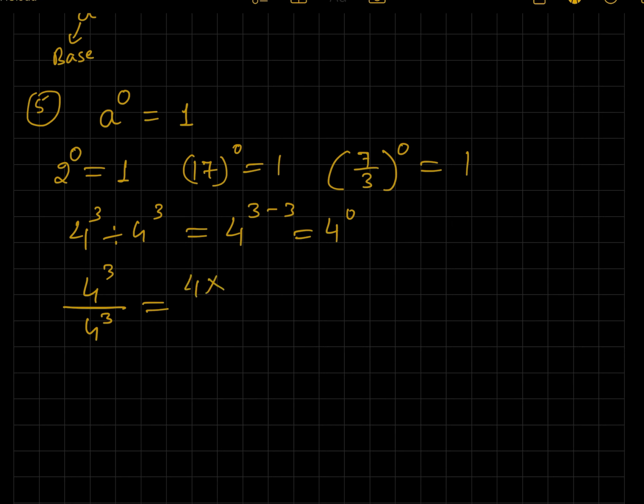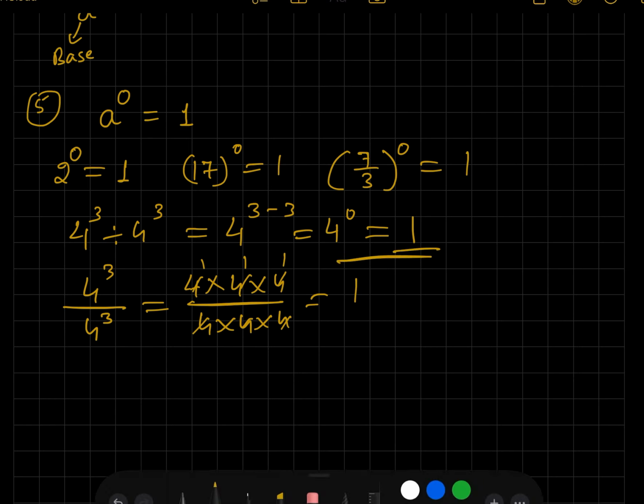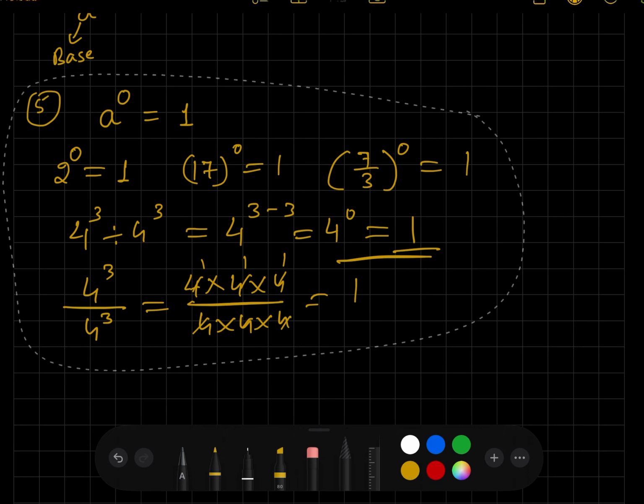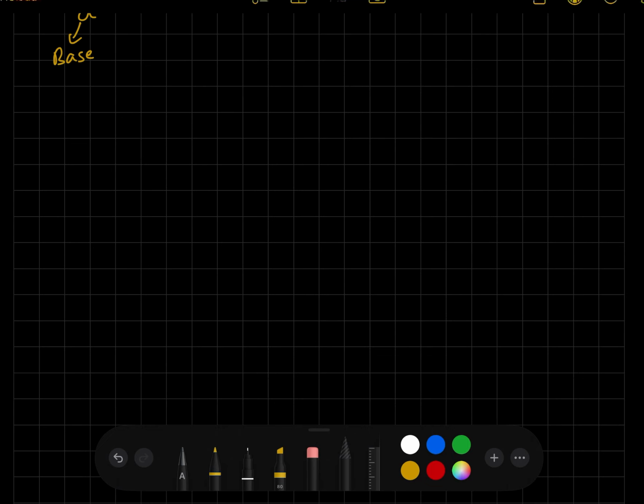And then expanding it, I can show you this way, right? So all the 4's are getting cancelled and we are left with 1 into 1 into 1, which is 1. So that is how 4 raised to 0 is equal to 1. Got it? So this way you can use this rule also: a raised to 0 is equal to 1.